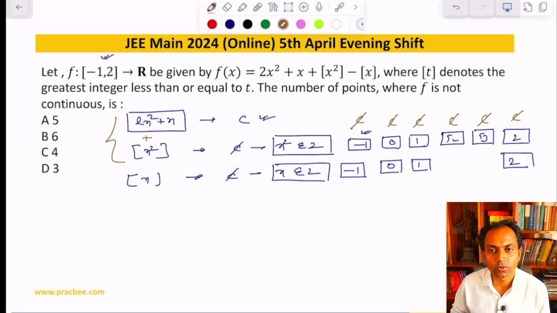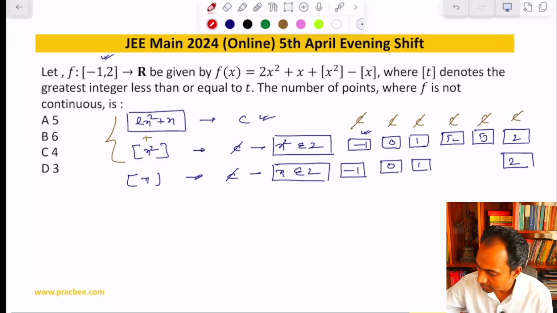So all these points are going to be discontinuous. Whereas if I look into the points where this is discontinuous and the other function is continuous, you can see that at this point this is continuous, this is continuous. So we can clearly comment on these points that it will become a sum of a discontinuous and a continuous function. So this becomes discontinuous. So here we can directly comment.